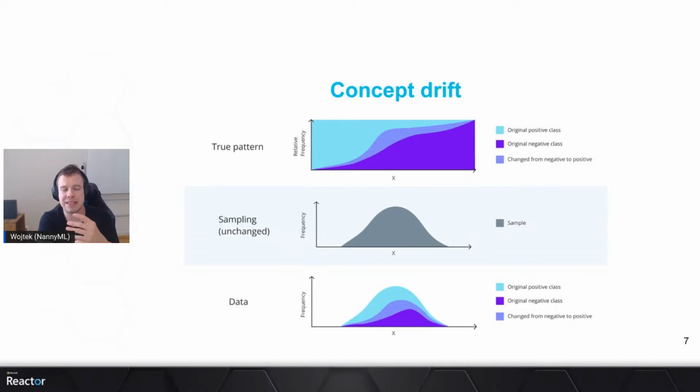What will change, however, is the target distribution. So we will have label drift, but not prediction drift here. And as you can imagine, if there is concept drift, that means that the pattern that was learned by the model is no longer fully relevant or as accurate as it used to be. So we will most likely see significant degradation in performance.